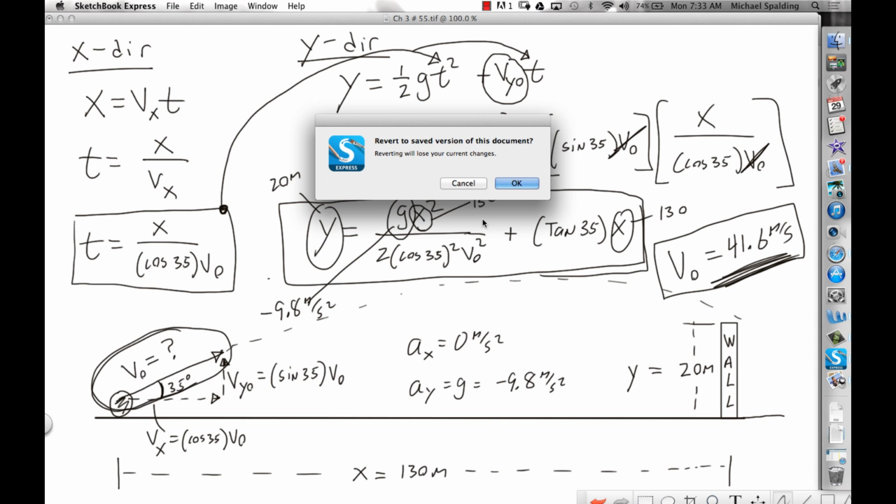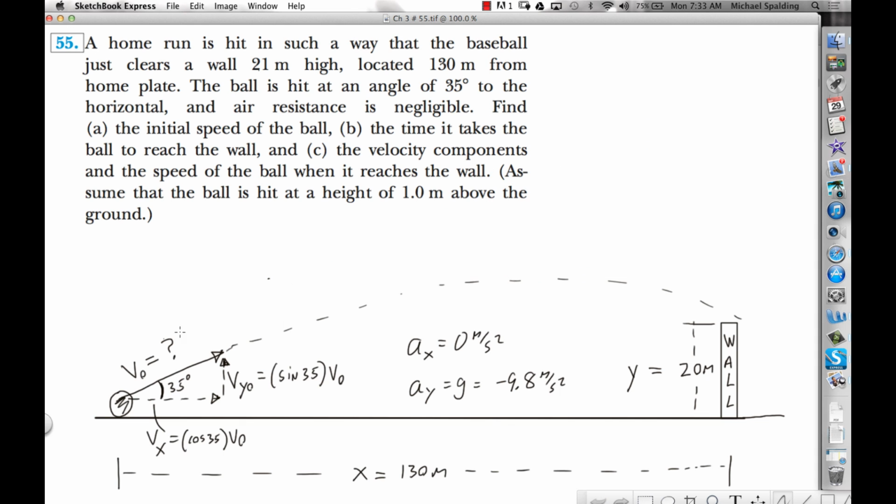Okay, so now that we know this V initial is 41.6, solve for Vy initial, solve for what it is, and then Vx initial. The rest of the problem could be on the quiz for sure.